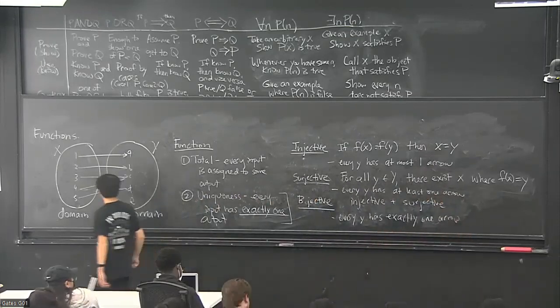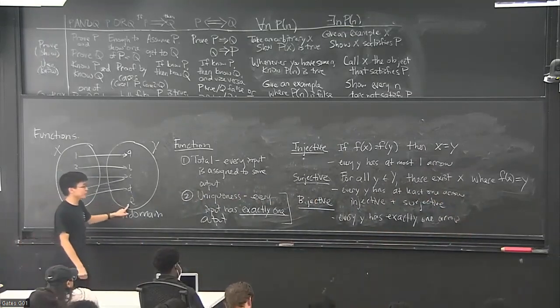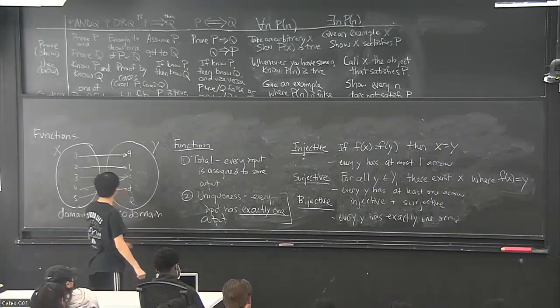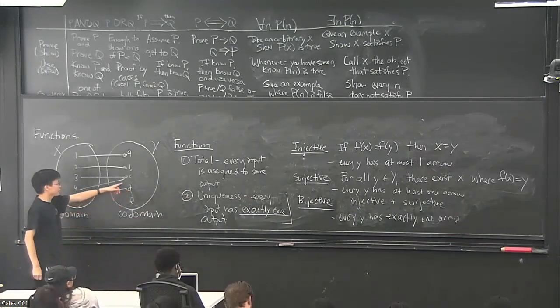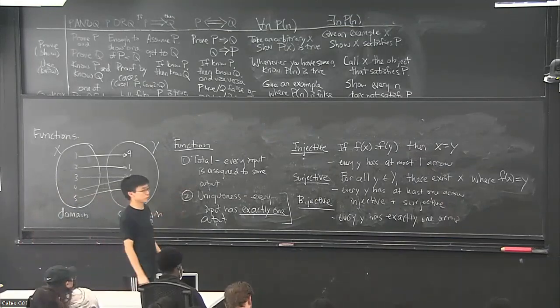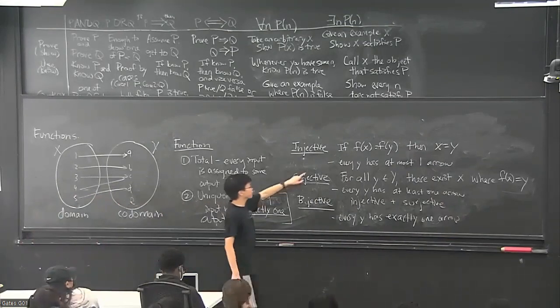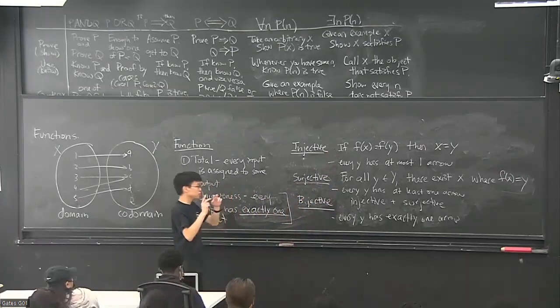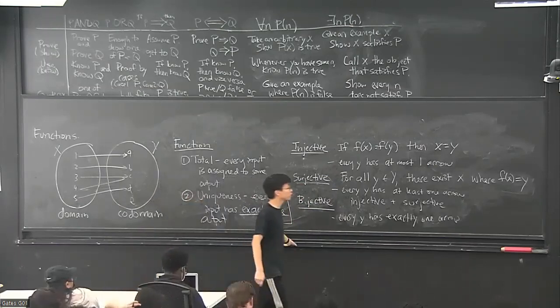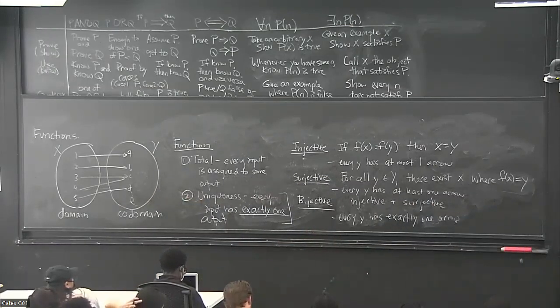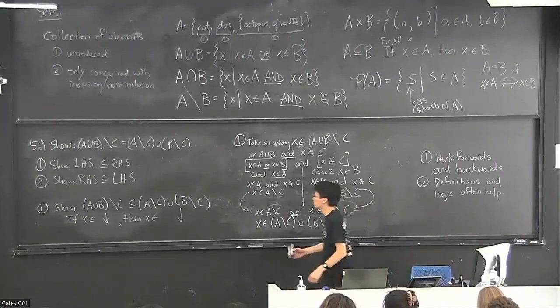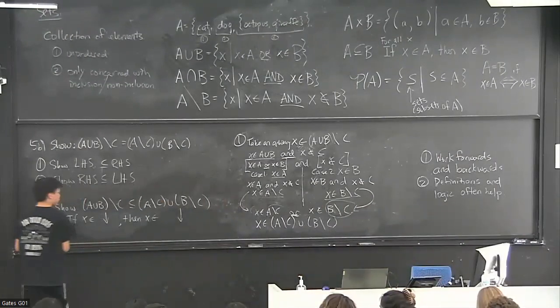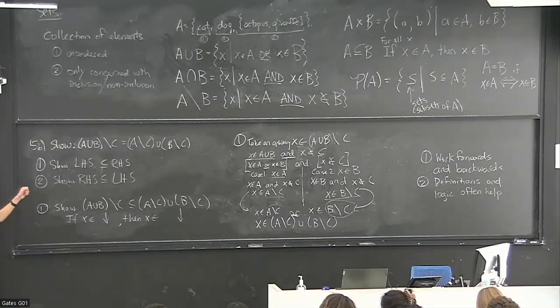This function here is not surjective: the element E does not have at least one arrow. It is not injective: element C does not have at most one arrow. These are the formal definitions, and these inside are the intuitive definitions. All right, I'm going to erase this. If you need it, go ahead and take a photo.